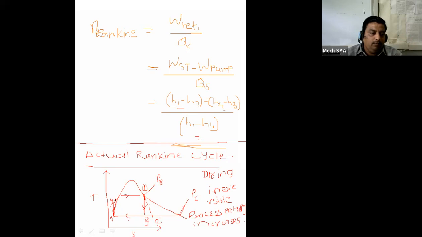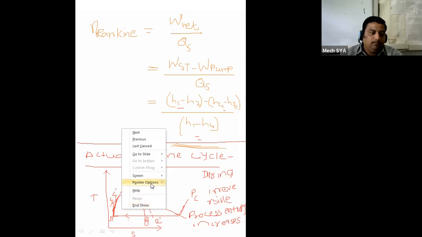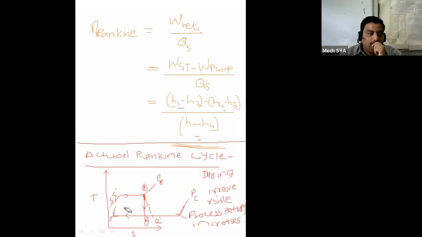This will be point number 4 dash. This also I am showing as a dotted line. So this point number 4 will be shifted to the right hand side, to 4 dash.